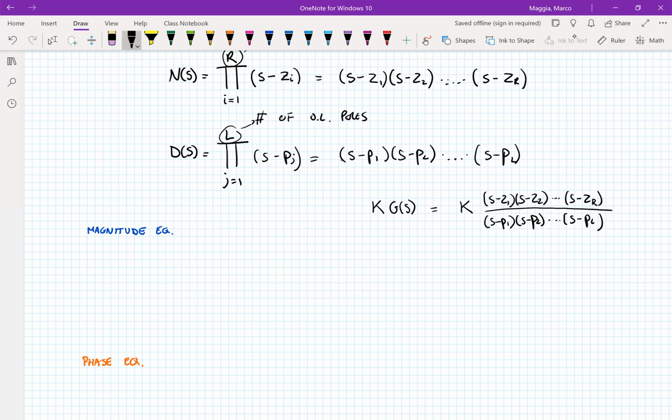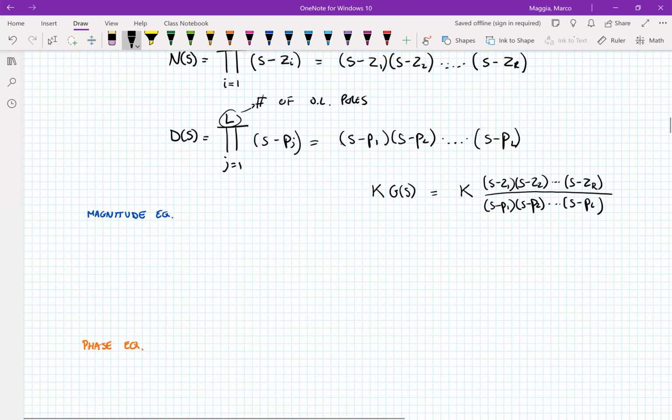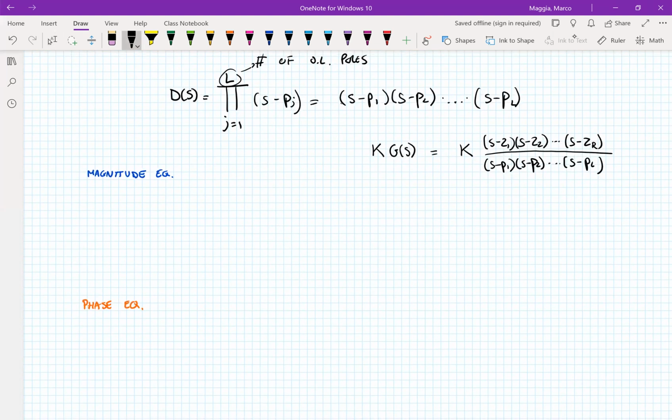And so now, if we wanted to actually solve the characteristic equation, again, we have to use two equations, the magnitude and the phase equation. Using the magnitude equation, what is the magnitude of this complex number here? Well, we start with the magnitude of K, which is simply K, and then we have a fraction. Let's first take care of the numerator.